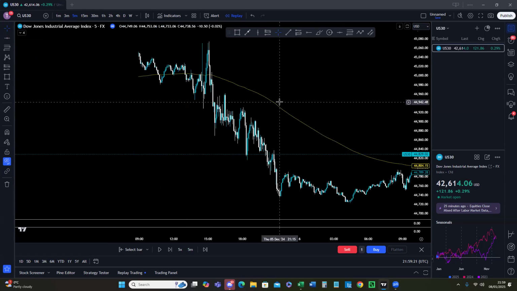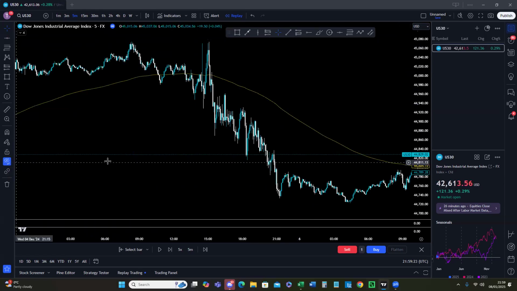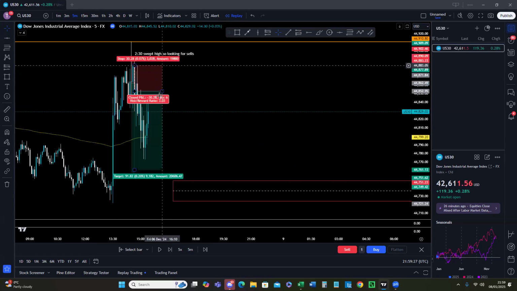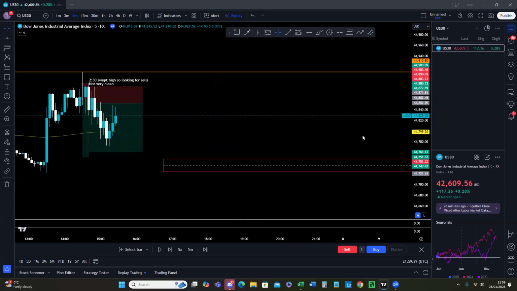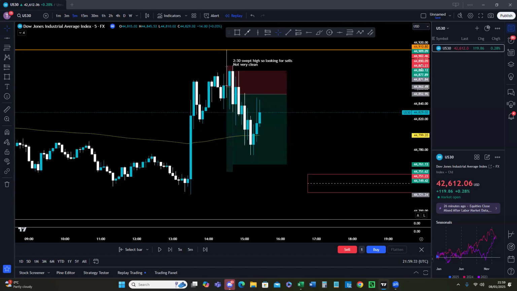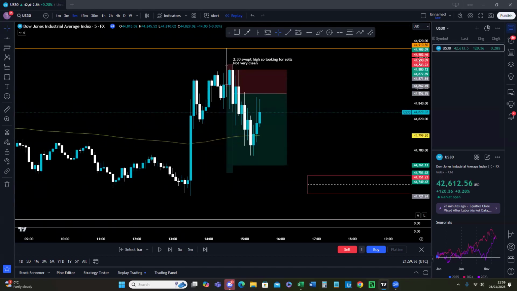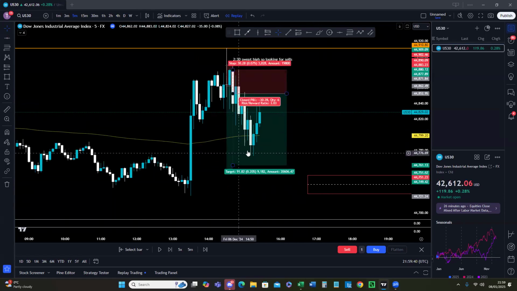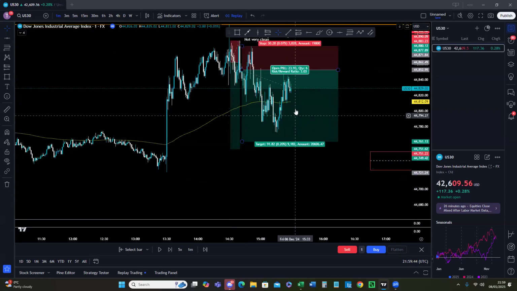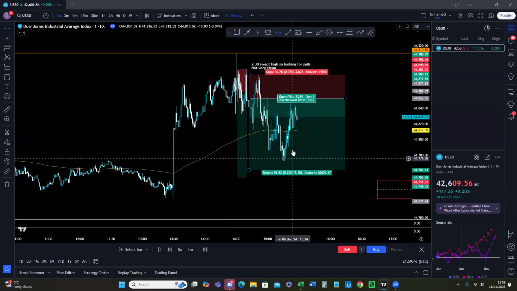So I think this again was a stop loss. No, this was a stop loss there, and then I actually had a take profit, an actual proper entry. But this was only a 1 to 3.